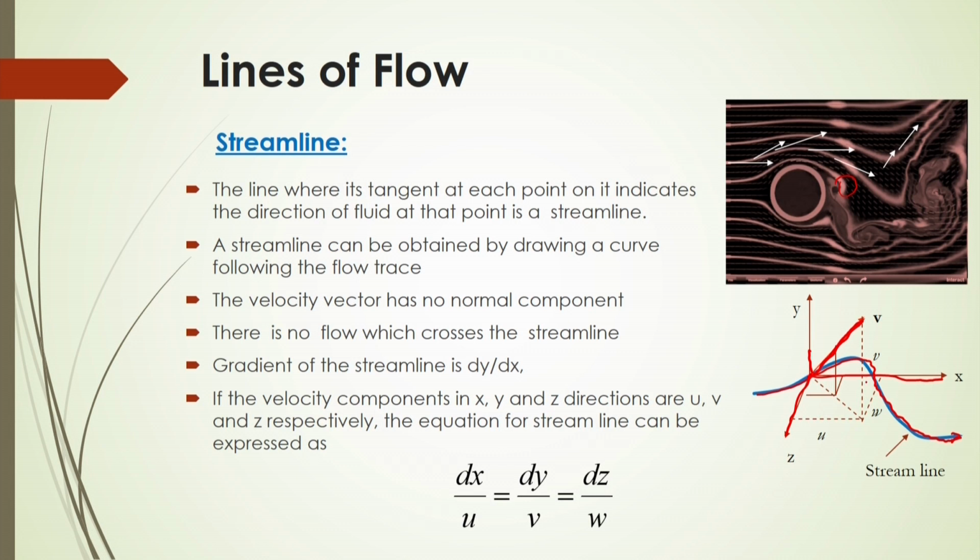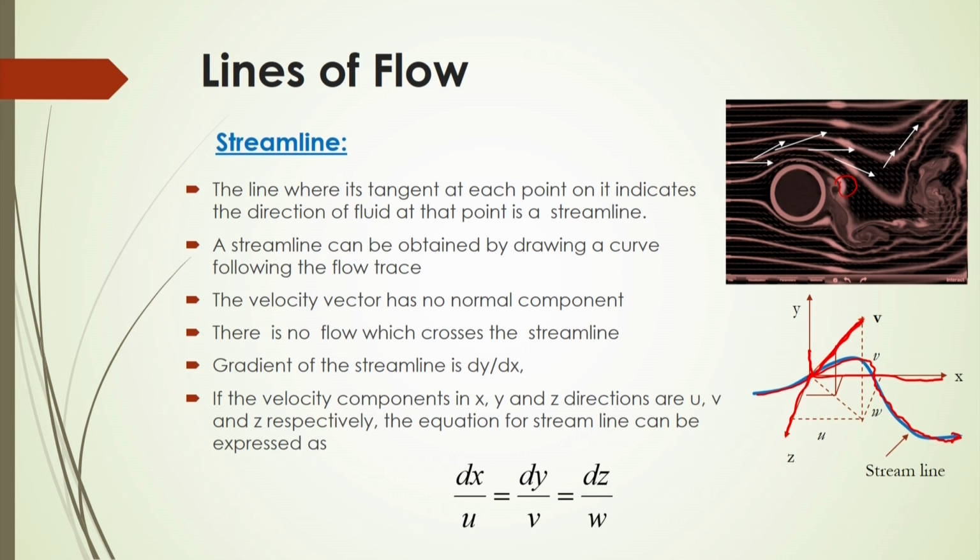So, a streamline can be obtained by drawing a curve just by tracing the points of tangent on the line. The velocity vector has no normal component in the case of a streamline. There will be no flow which crosses this streamline, and the gradient of the streamline will be represented by dv by du or dy by dx.